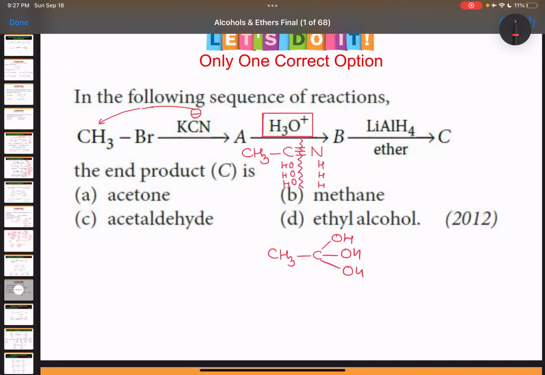But two or more than two OH groups on one carbon are unstable. So what happens here is the water is going to get eliminated, and you are going to get a carboxylic acid.